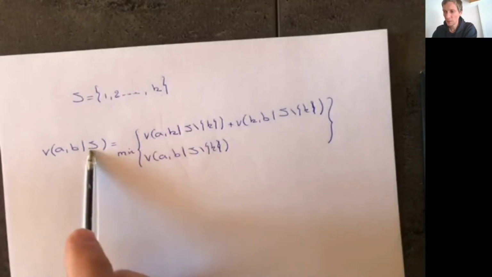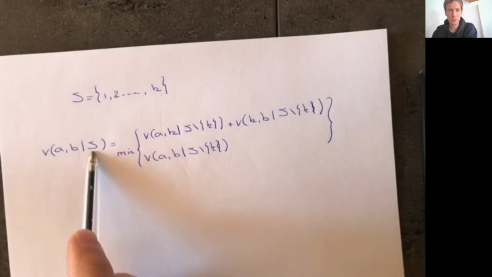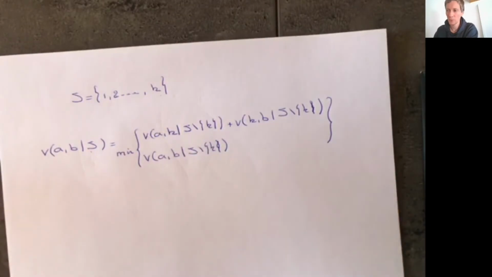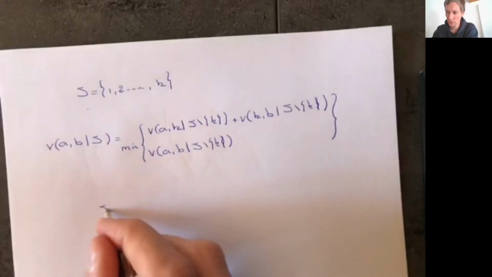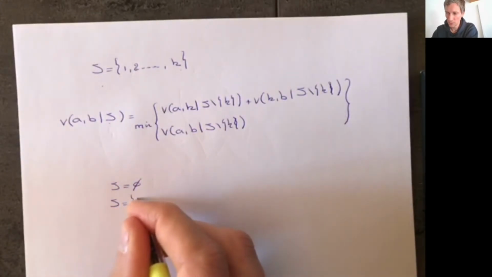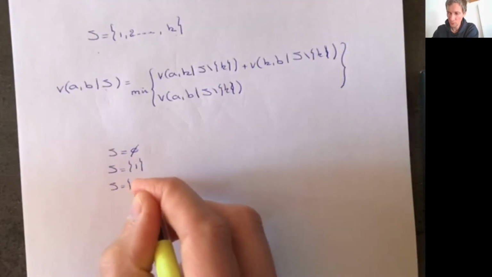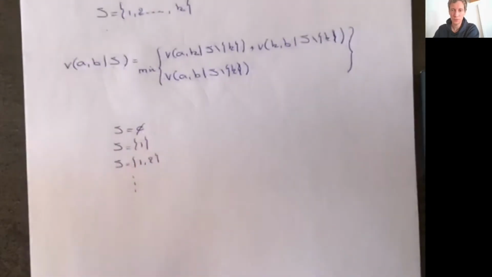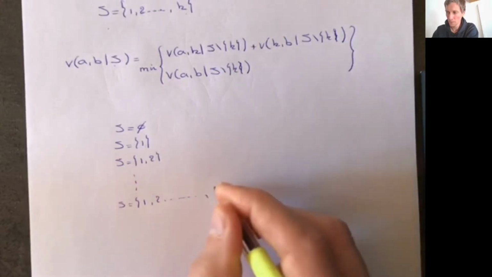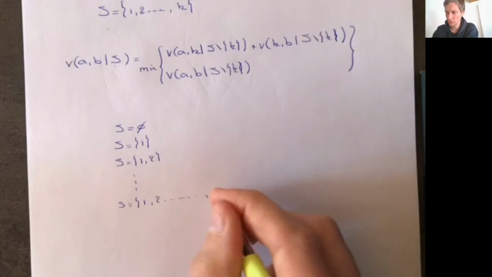Okay, so that's basically how it works. And you have seen that now we write this value function that depends on S as value functions that depend on S minus K. So we can do this recursively. So for example, you can start with S equal to the empty set, then we have S equal to the set only containing node 1, then you have S containing the nodes 1 and 2, and so on until we have S containing the nodes 1, 2, until the last one. Let me call this begin.